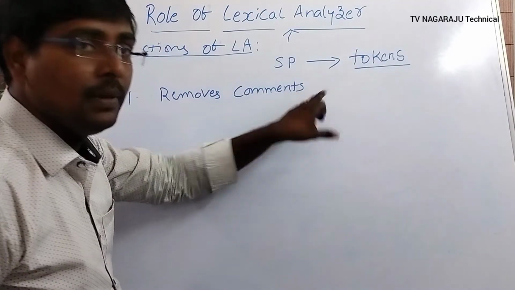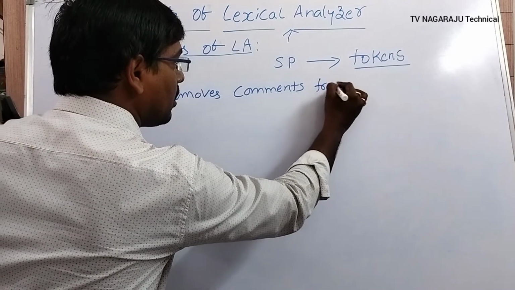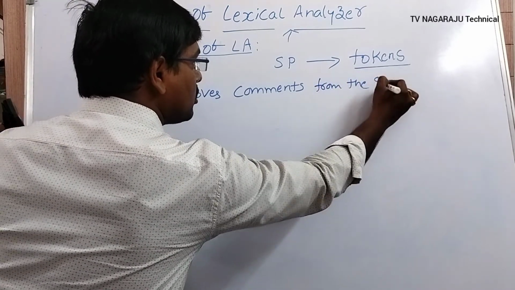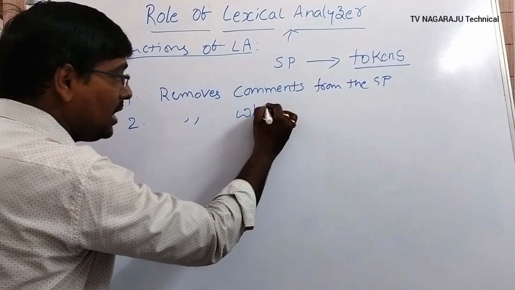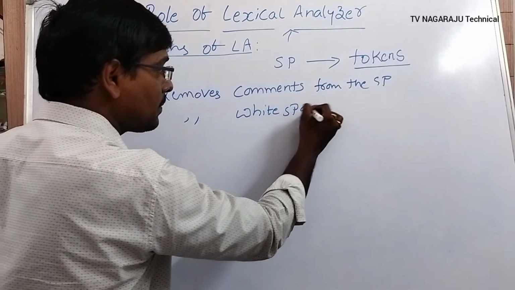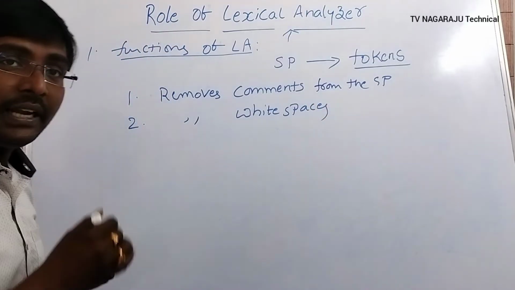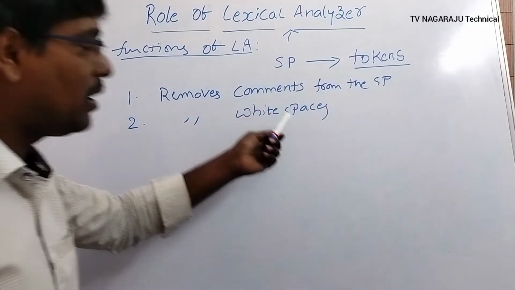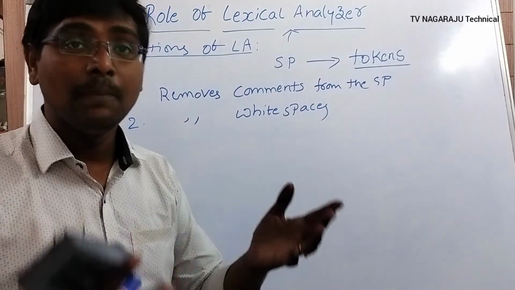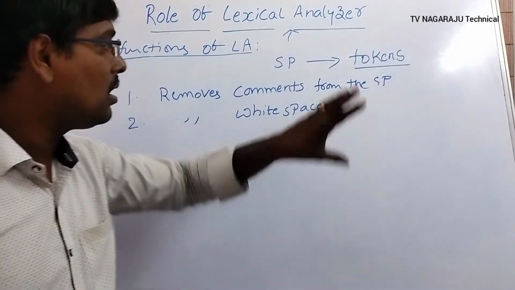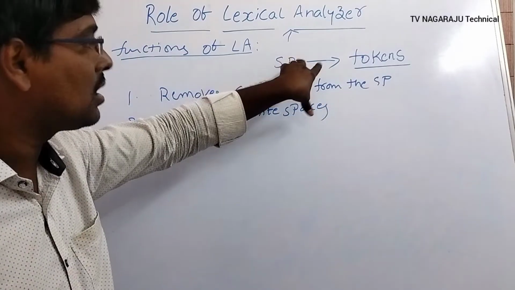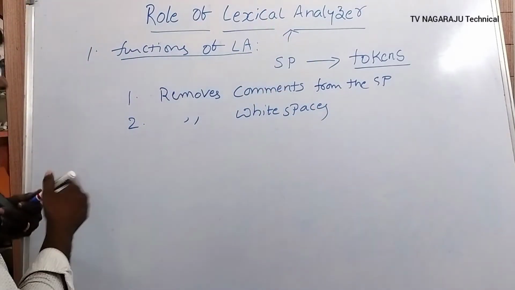It also removes any white spaces in the source program. What do you mean by white space? Any blank spaces, new line characters or tab spaces, all such spaces are removed by the lexical analyzer.